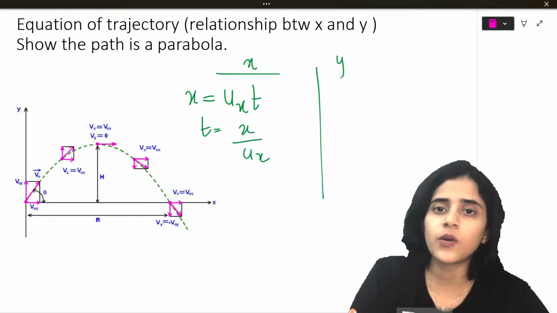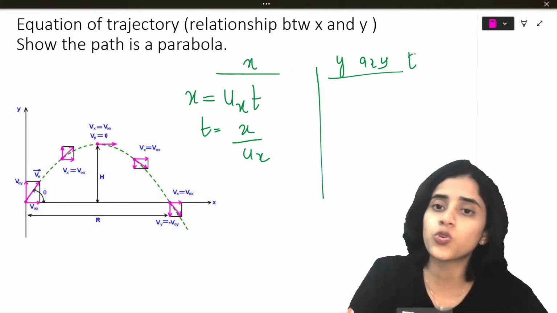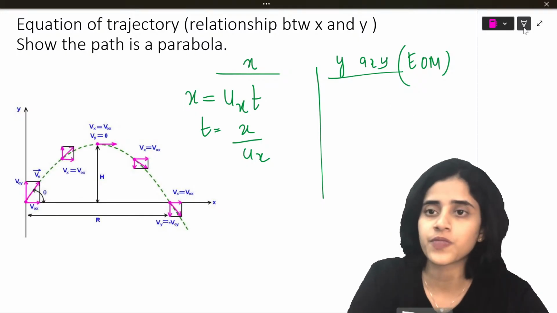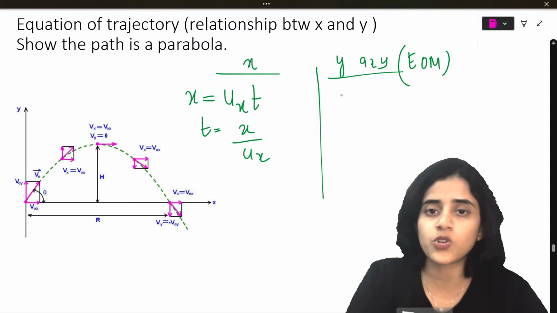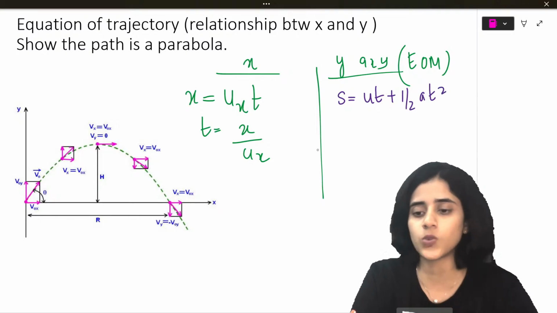Now along the y-axis, what happens? Along the y-axis it is actually moving, so you need to use the equation of motion. So s is equal to ut plus half at square.